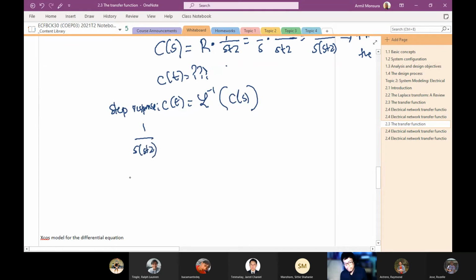And in this case, since rational function siya in S, ang first step para makuha natin yung inverse Laplace transform to is to first decompose this into partial fraction. Okay, so ikukunin natin yung partial fraction decomposition of this function, which essentially is A over S plus B over S plus 2.